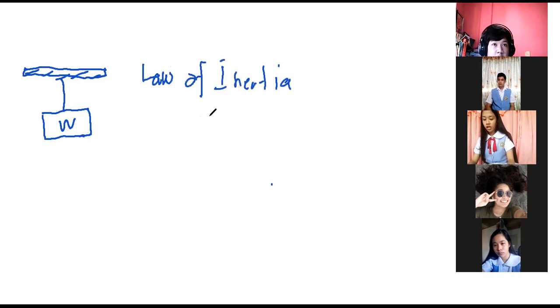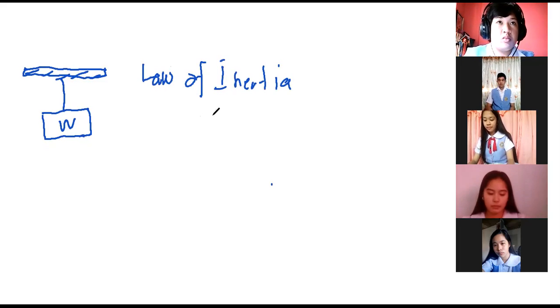The ability of an object to remain at rest, sir. Okay, an object will remain at rest. Is it only an object at rest? How about an object in motion? The ability of the object to remain in constant motion unless acted upon by an opposing force.